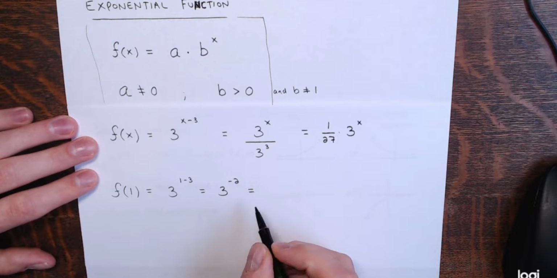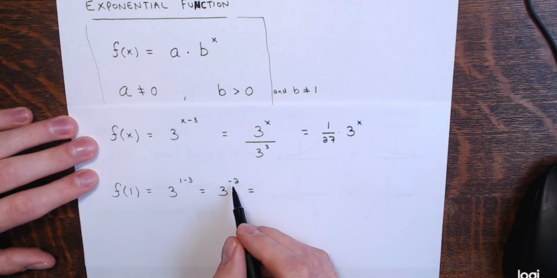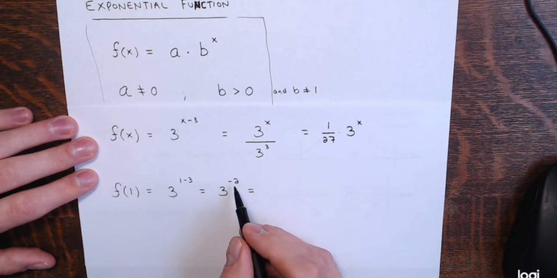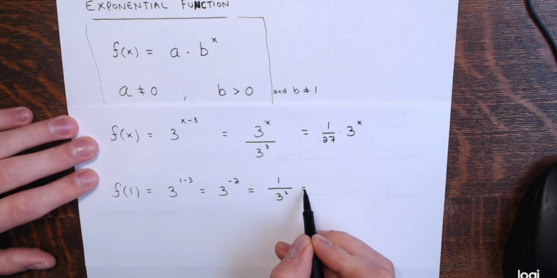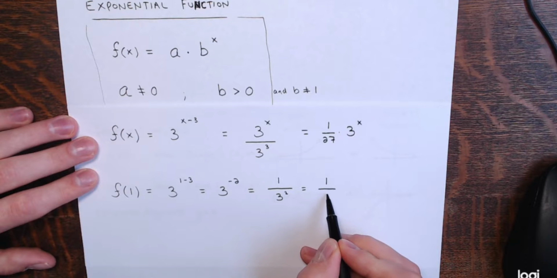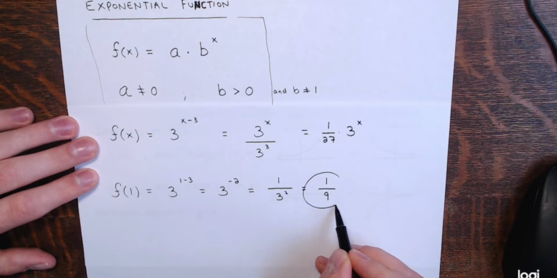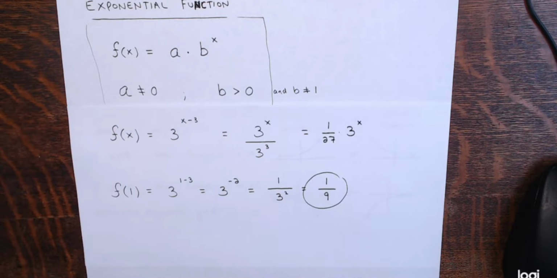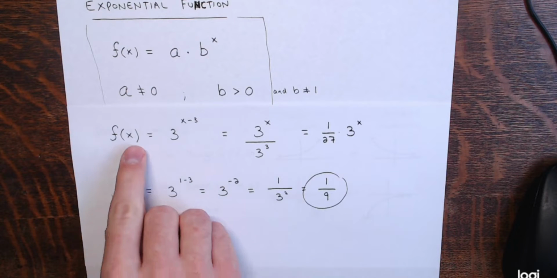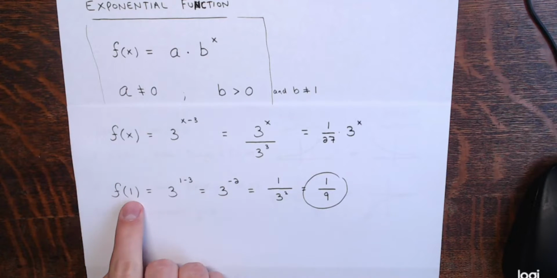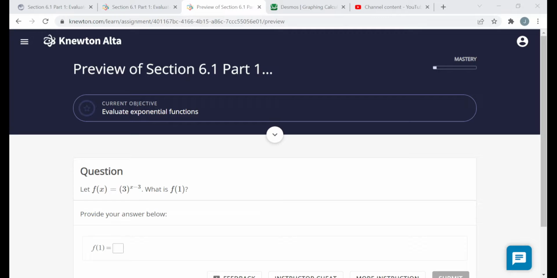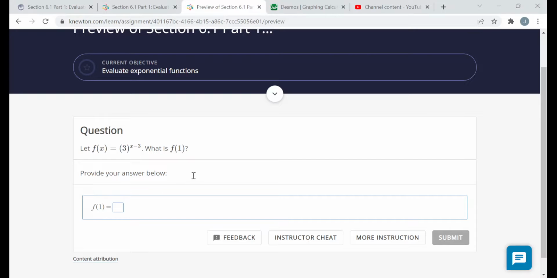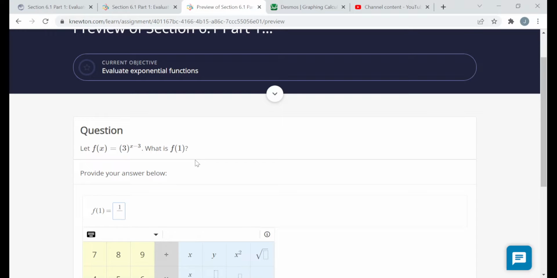The negative powers are just the reciprocals of the positive ones. So 3 to the negative 2 is just 1 over 3 to the positive 2, which is 1/9, right? 3 squared is 9. There's the output that they're asking for. And if you were to graph this function, the ordered pair 1, 1/9 would be on the graph. But all they want is that 1/9. f of 1 equals 1/9.